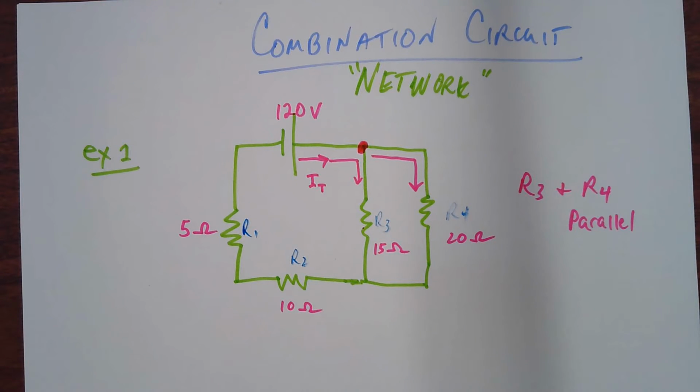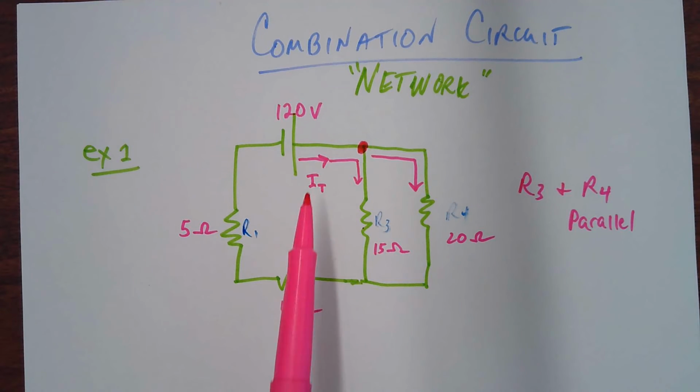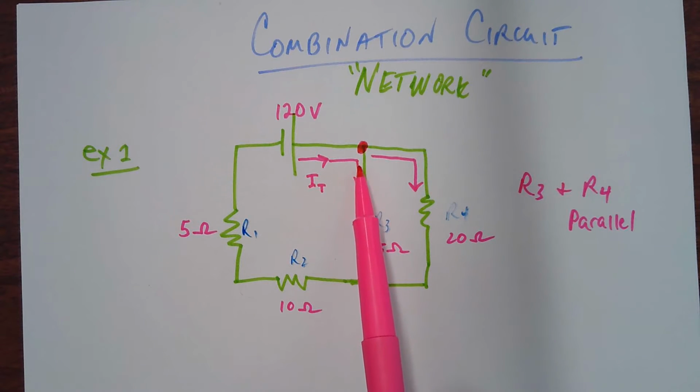How do we know that? See this junction right here? You have two choices. You can either go down and power R3, or you can go that way to power R4, because your goal is to get back to the power source at the end of that cycle. That cycle has to be completed. It has two different roads.